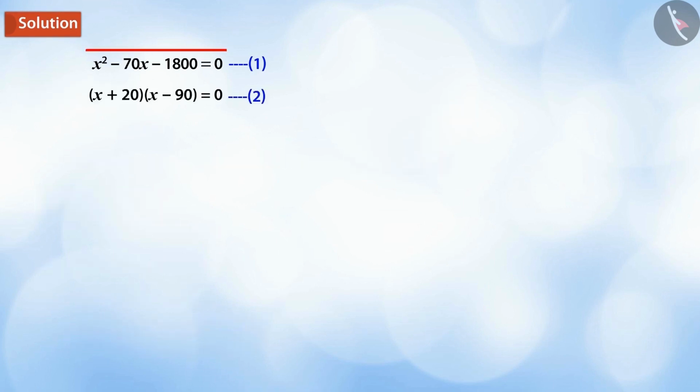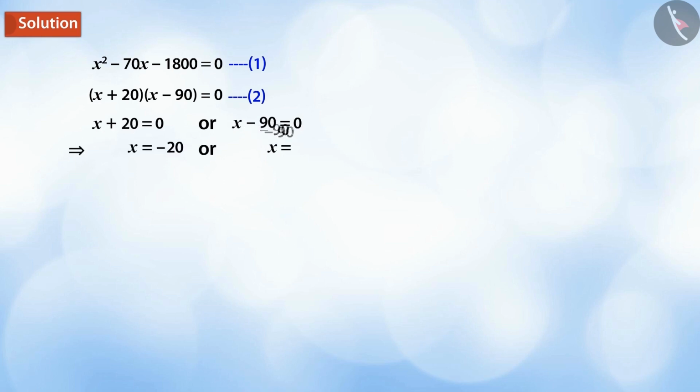On solving further, we will equate each of the linear factors to 0, which gives us x plus 20 equals 0 or x minus 90 equals 0, that is, x equals minus 20 or x equals 90.